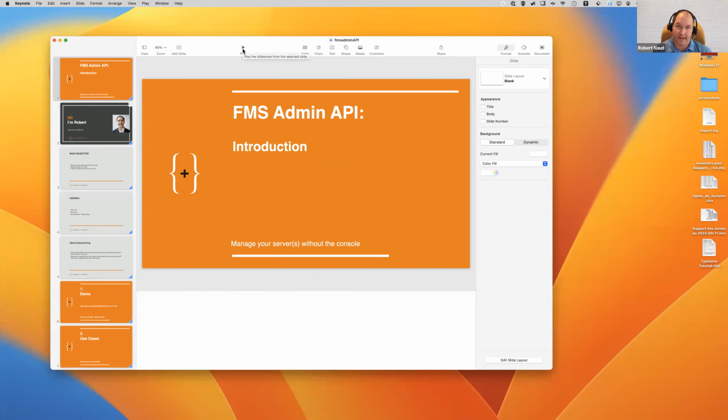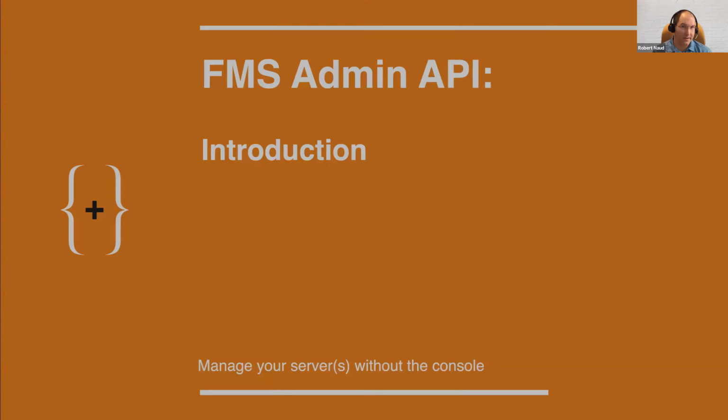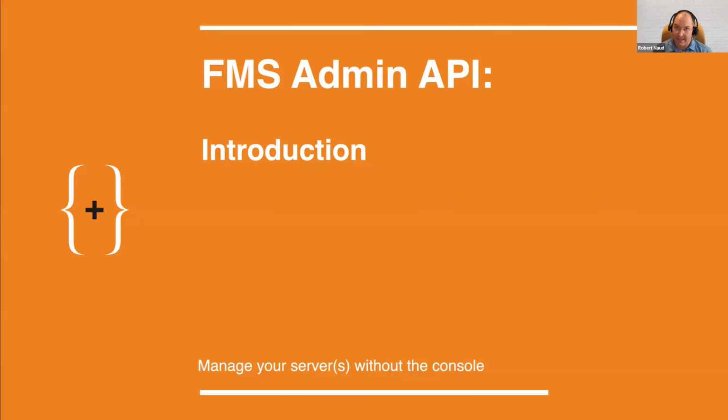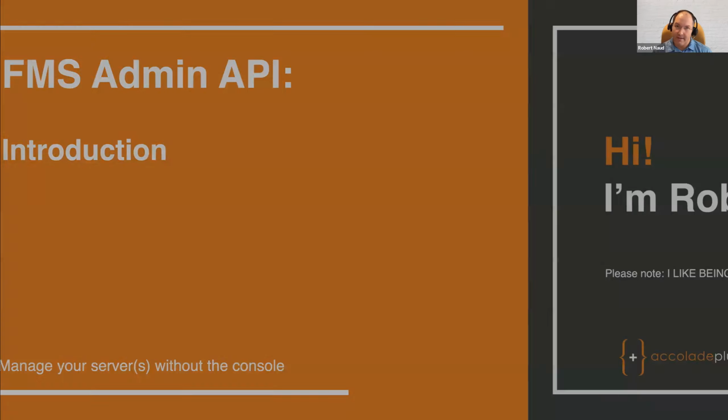So I have some slides, mostly just so I remember what to say during the presentation, but I think most of it is going to be outside of the slide deck. So if we just look at this together. The admin API is meant for us to be able to manage our server or servers without having to go into the GUI of the admin console.